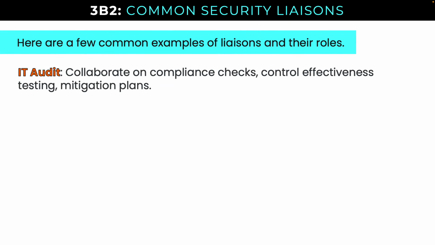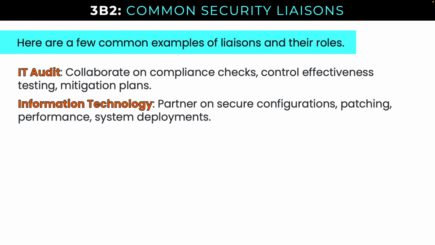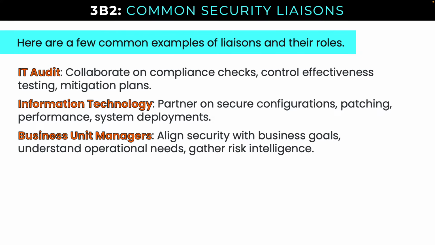So IT audit, for example, will collaborate on compliance checks, control effectiveness testing, mitigation plans. We have IT, which partners on secure configurations, our baselines, patching performance, system deployments. You have business unit managers that align security with business goals, that basically act as that interface to make sure that security remains in alignment with the business as we need to be, helping us to understand operational needs and to gather risk intelligence.